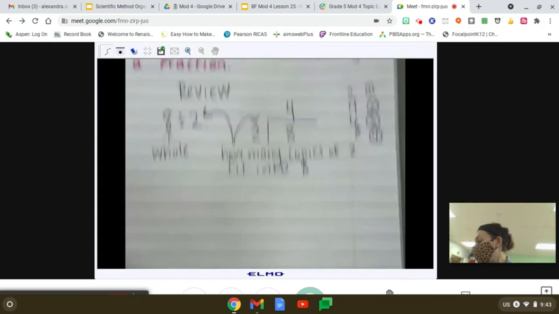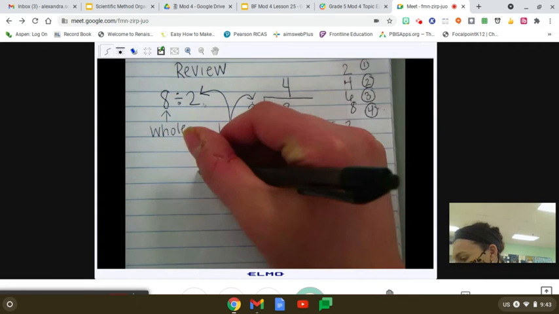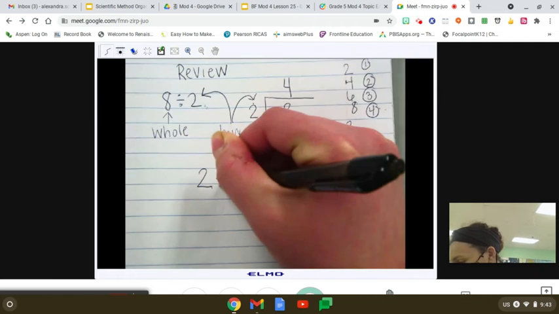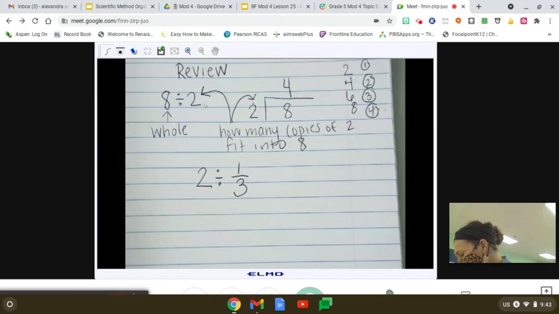We can use this same thinking to help us when we divide a whole number by a fraction. So let's look at the example, 2 divided by 1/3. When we are looking at 2 divided by 1/3, we are going to draw a model and use a tape diagram, or use a number line if needed.